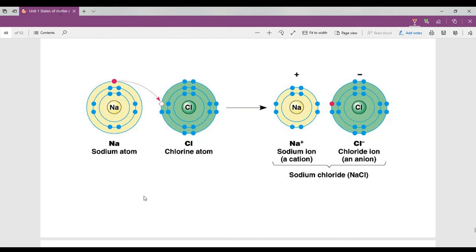Let's take a look over here. Remember sodium? Sodium loses the electron and becomes a sodium cation, and chlorine gains 1 electron and becomes a chloride ion. So you put 1 positive and 1 negative together, and you will have NaCl, just like that.